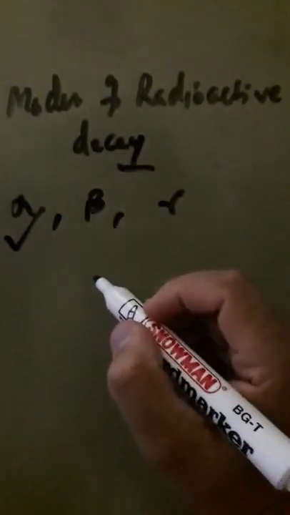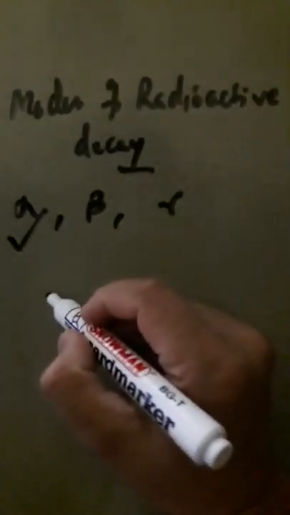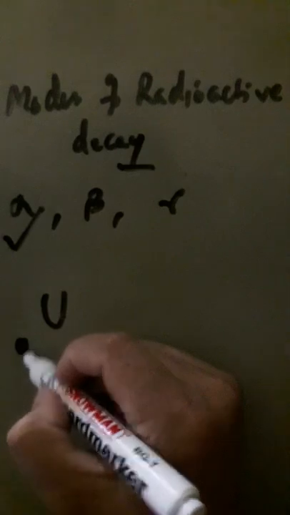What happens when alpha disintegration takes place? Let's take an example. Uranium 92, 238 disintegrates, giving a helium atom, that means an alpha particle. And what will we get here? The daughter element. Just try to balance.